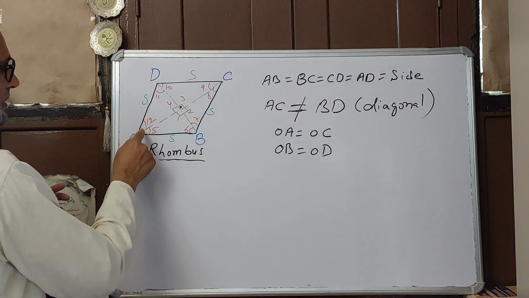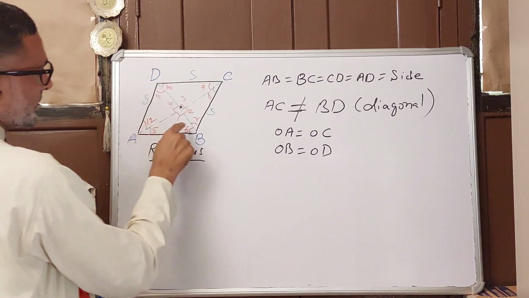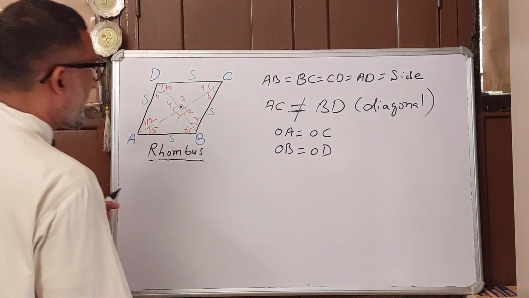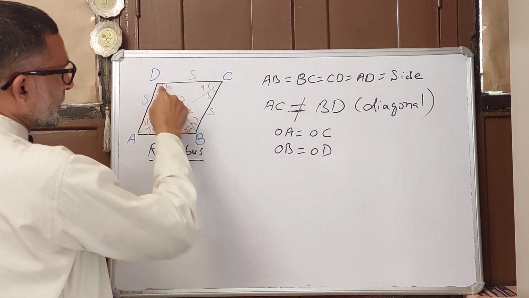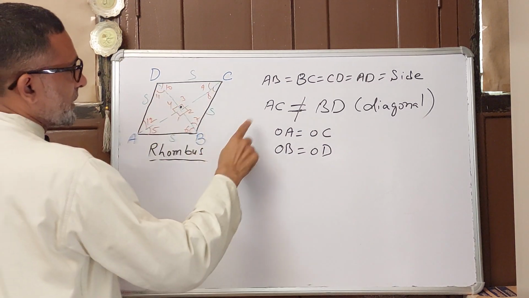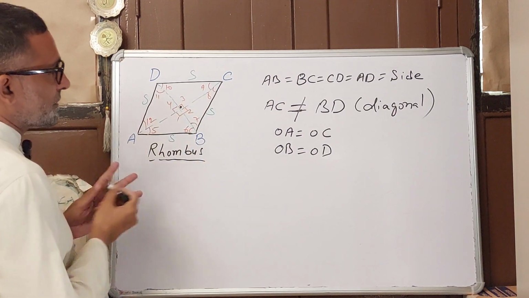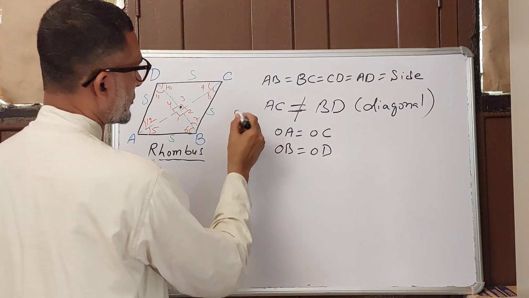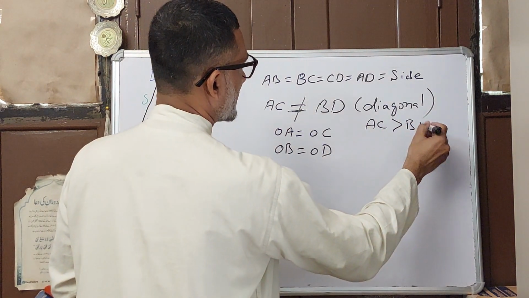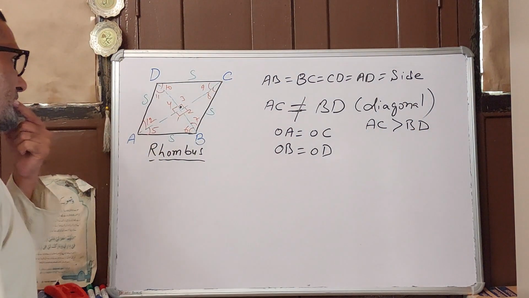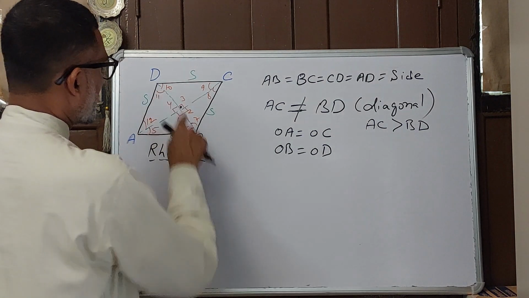In a square it is always 90 degrees, but here one is less than 90 degrees and the other is greater than 90 degrees. In the diagonals of a square, AC and BD are the same, but here one is larger: AC is greater than BD. In this example you are seeing exactly that, the length of diagonal AC is always greater than BD.